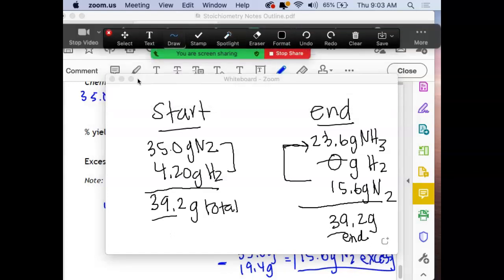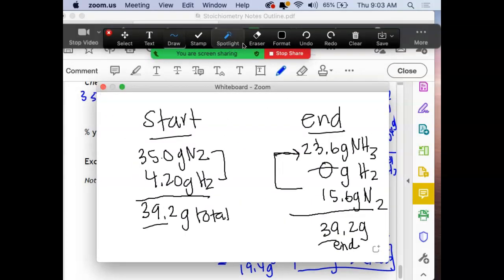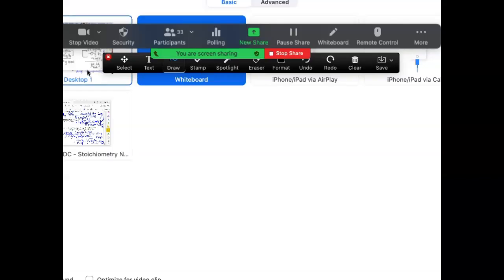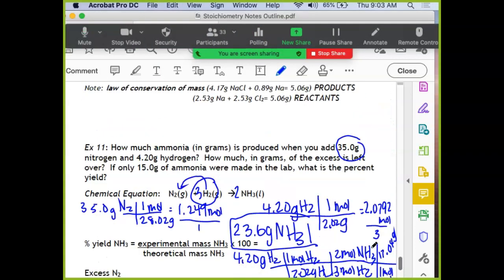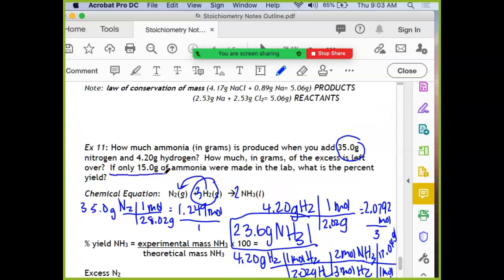So the last part of this problem is percent yield. It says if only 15 grams of ammonia were made in the lab. So this is your experimental. When they tell you you've made it in the lab, it means you've done the experiment.